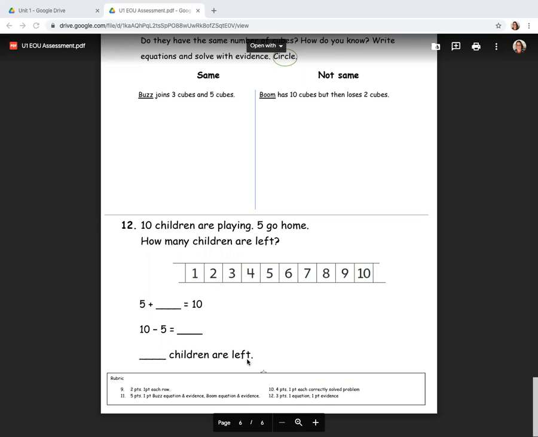Blank children are left. You can use your number line, draw a picture, label part, whole.